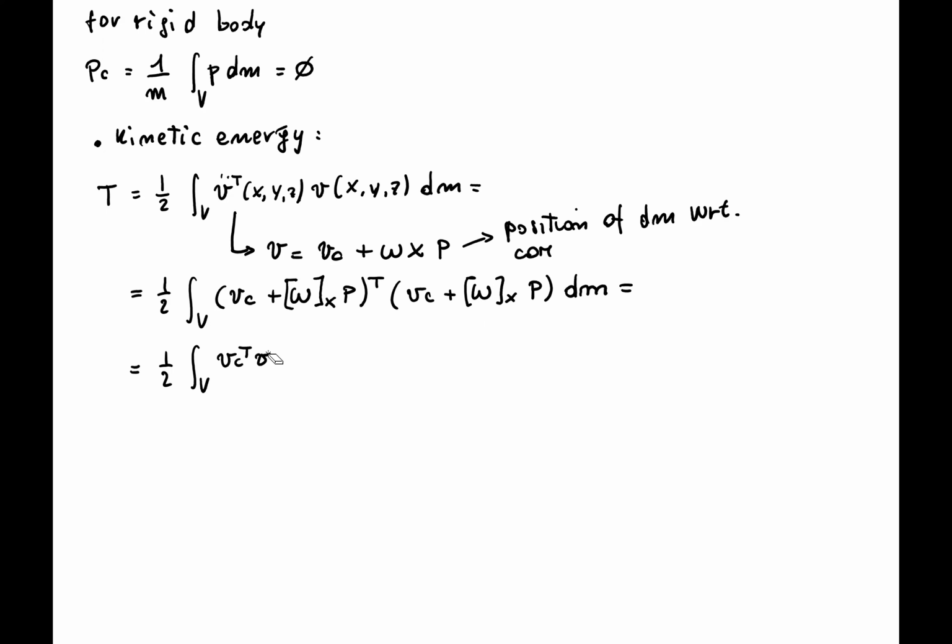We have one term like this, which is the product of these two, plus a term like this that is double: it is the product of this times this plus the product of this times this, and since they are scalars we can transpose and sum them up together, so the 1/2 goes away.